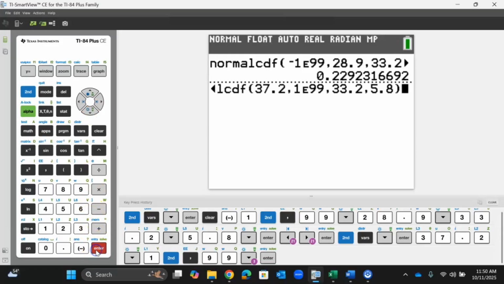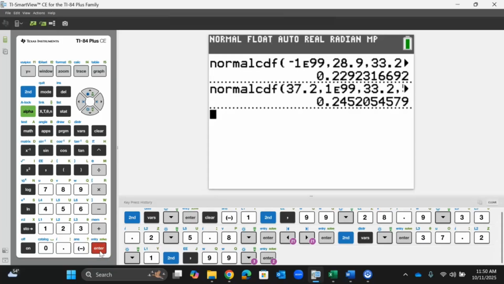I can paste this in. Everything still looks good. I didn't have a typo anywhere. I'm going to hit enter. And again, we would round this to the fourth decimal place. So this should be 0.2452, or in other words, there is a 24.52% chance that a randomly selected student is going to complete the activity.